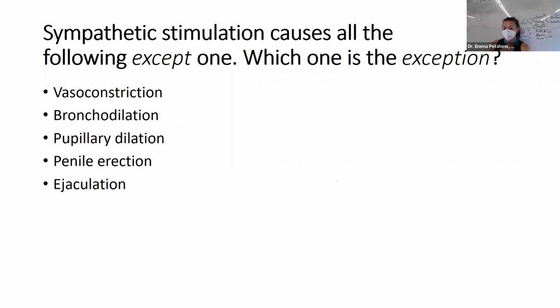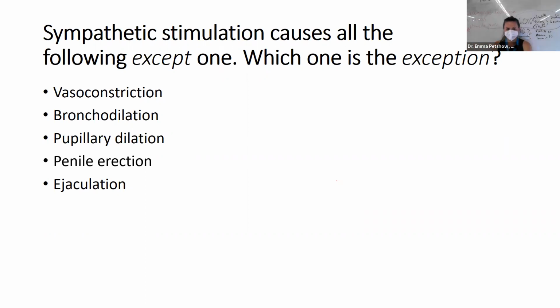Sympathetic stimulation, so another question kind of the same but different. Sympathetic stimulation causes all of the following except one. What does sympathetic stimulation not cause on this list? We talked about it earlier, or you could do process of elimination. Which one is caused by parasympathetic or is just not caused by sympathetic?